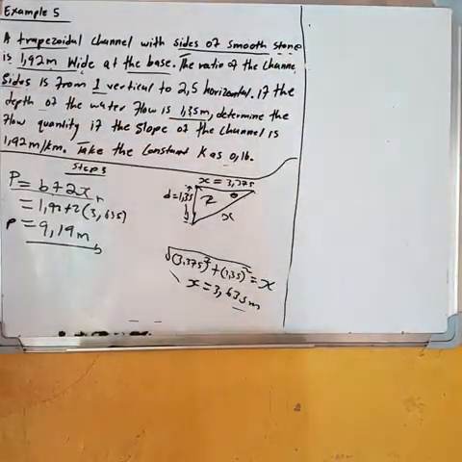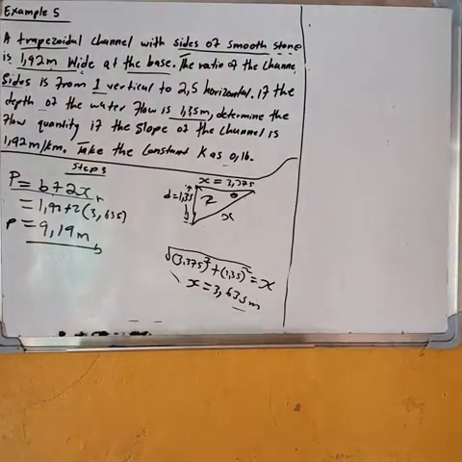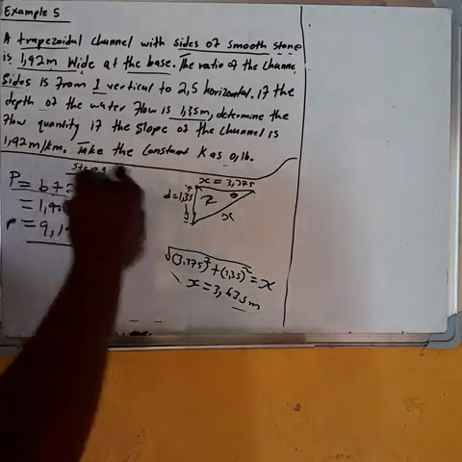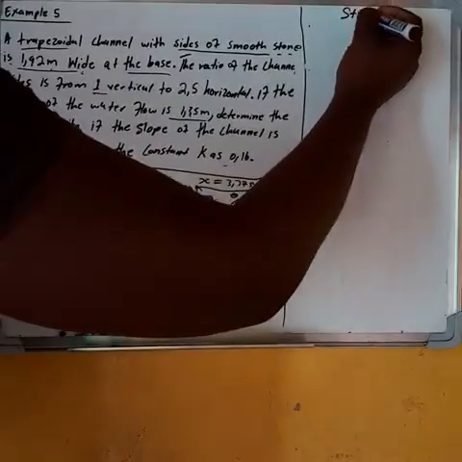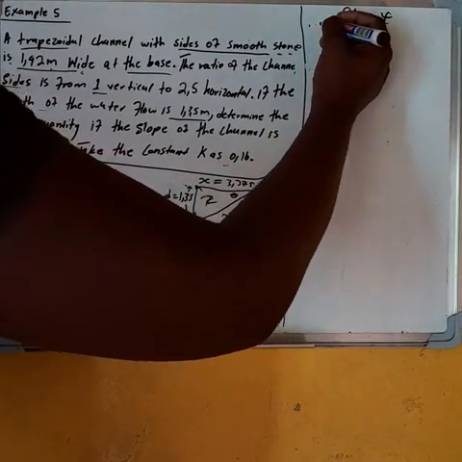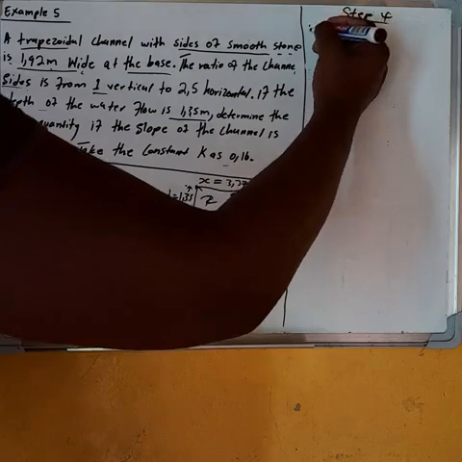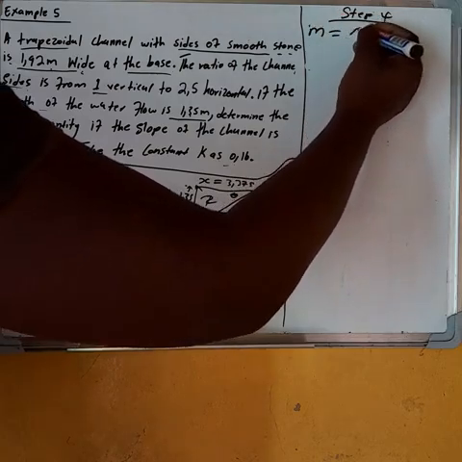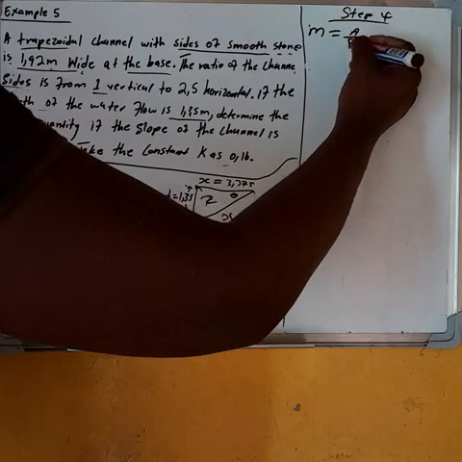Let us check what step 4 must be. Step 4 must be M, which is area over width of the pyramid.